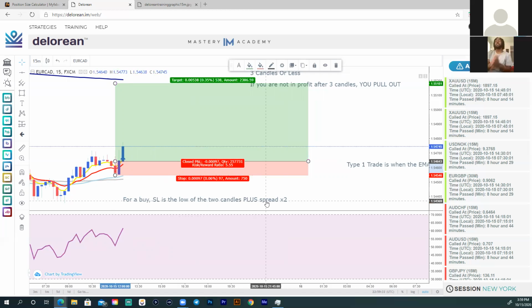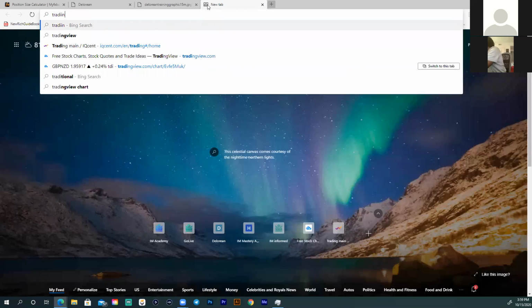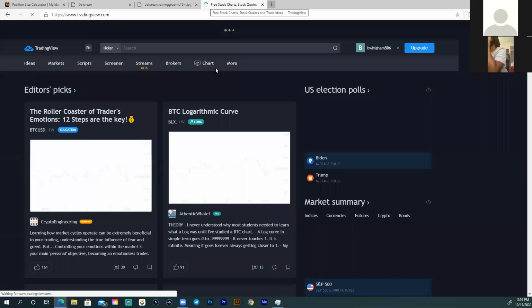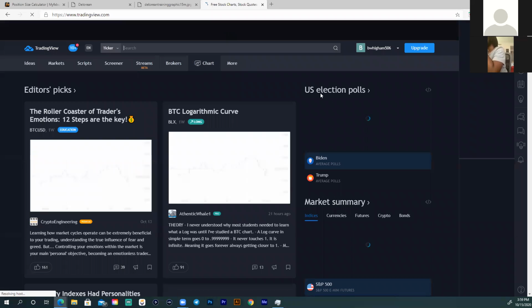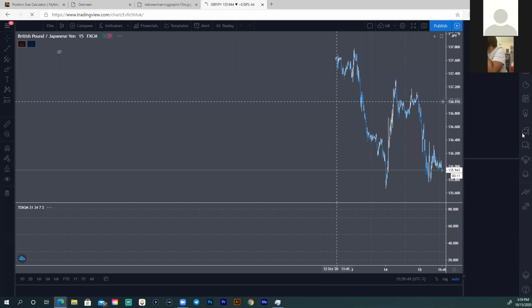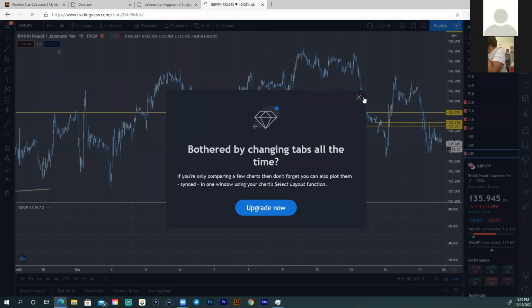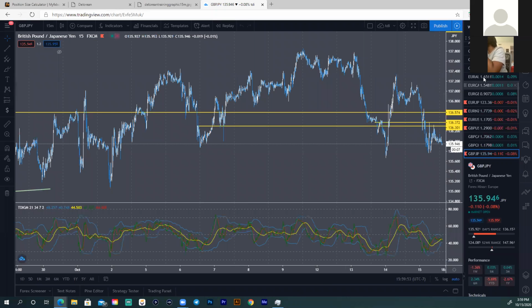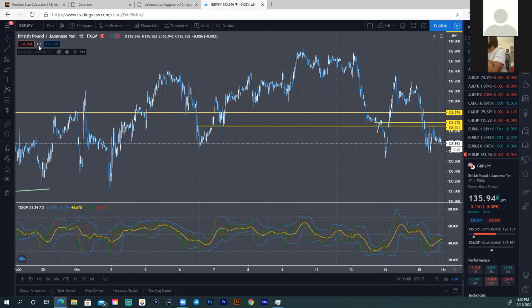So if you were to go to MetaTrader 4 right now, I'm gonna see if I can pull this up actually on TradingView. If you were to go to TradingView right now, the difference between the bid and ask price right here is the spread.